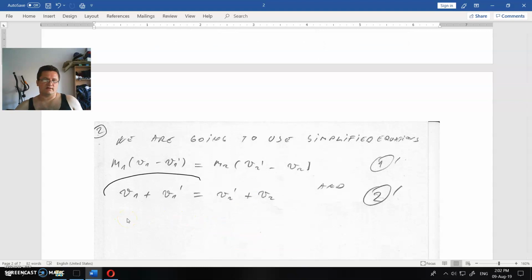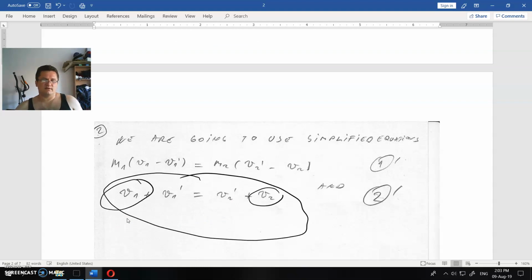Is this correct or not? This is prior to impact, and this is prior to impact. This is the prior speed of the first glider, and the speed of the second glider. This is the speed of the first glider and the speed of the second glider after the impact, and so on. So good luck with this.